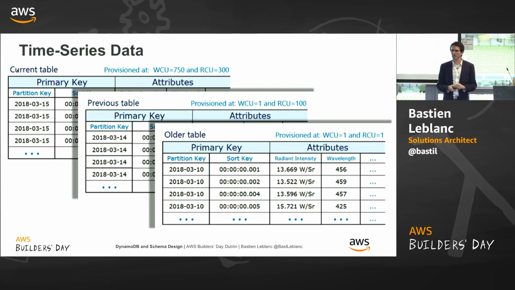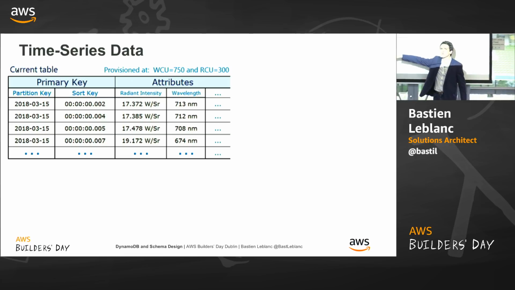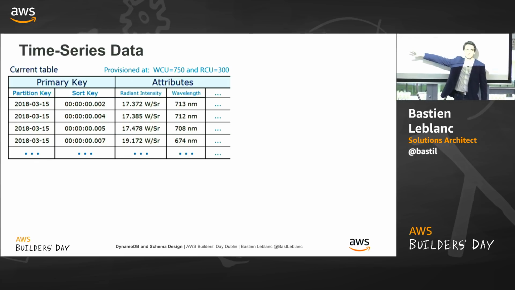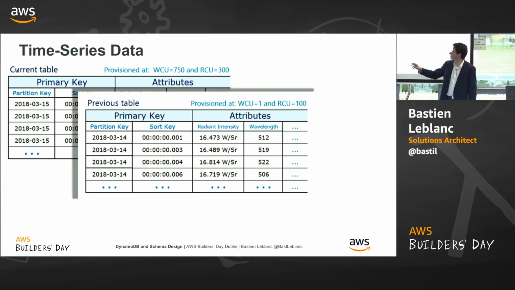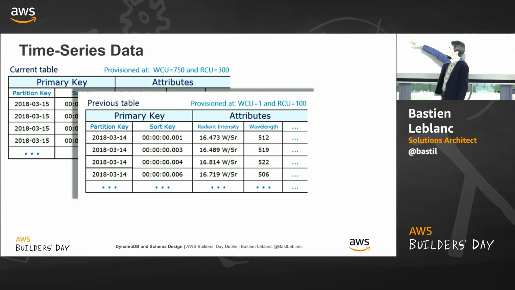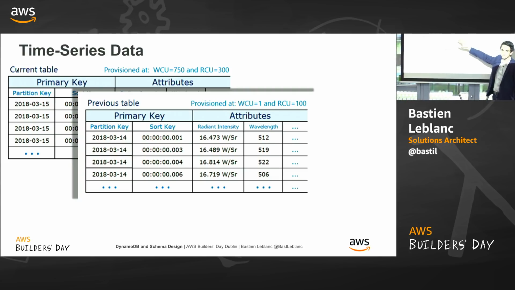There's one problem here: how do you move data from one table to another? Because if we go back, you have a component that writes heavily on the table all the time. So how do you get the updates? How do you remove the data here and create it here?